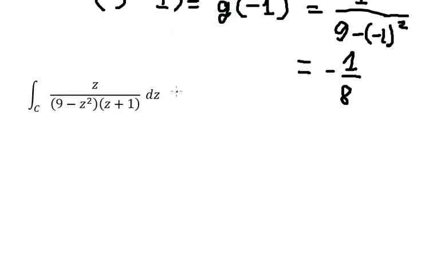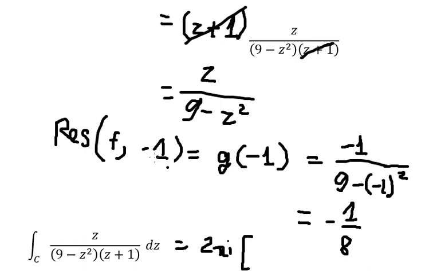That is 2 pi multiplied by this one, the residue of f at negative 1.